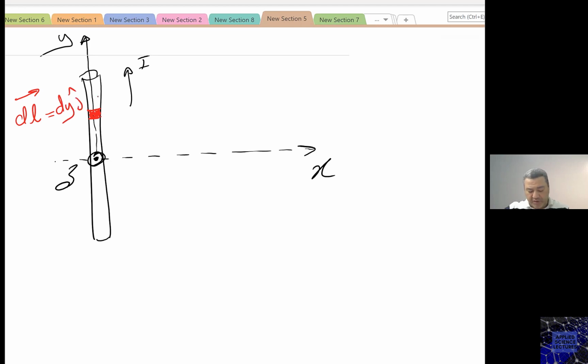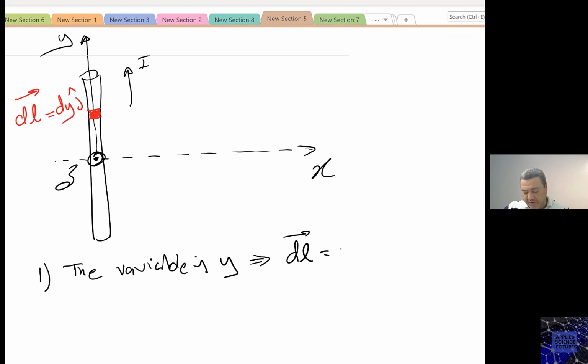So this is number one: my variable is y, so my differential element is dy j hat.